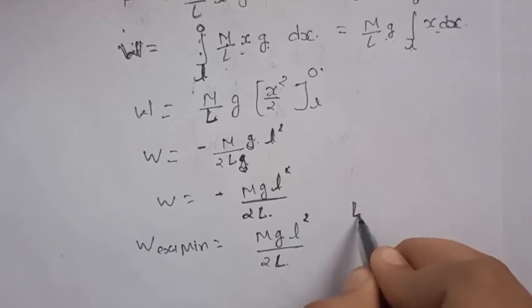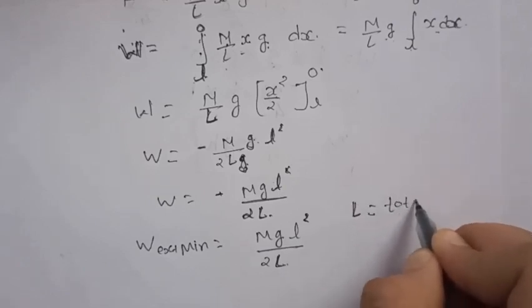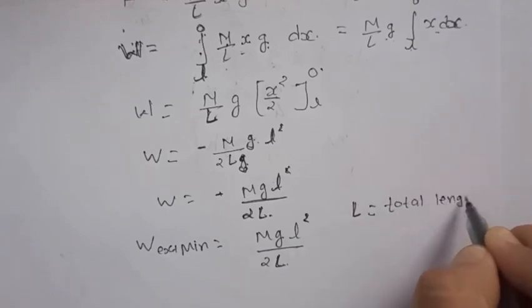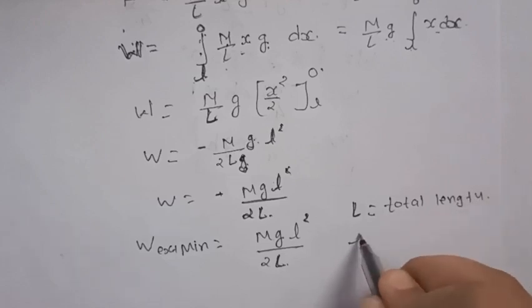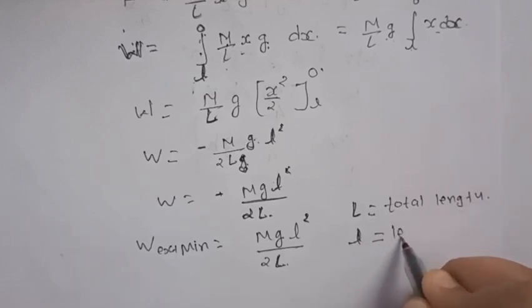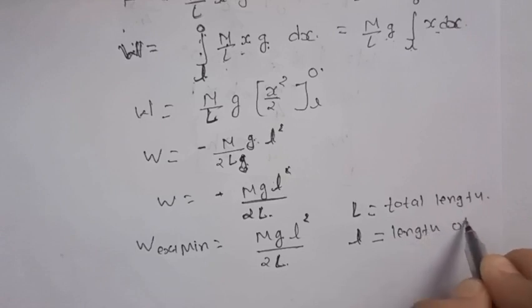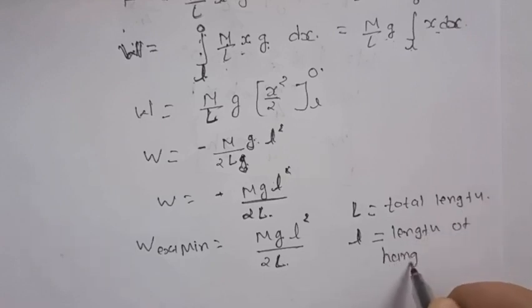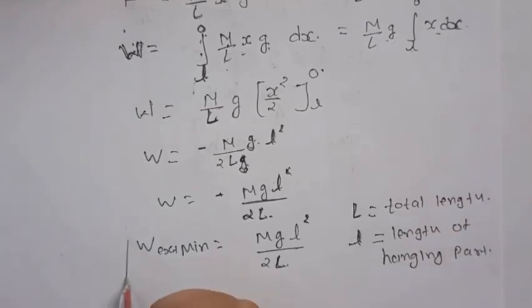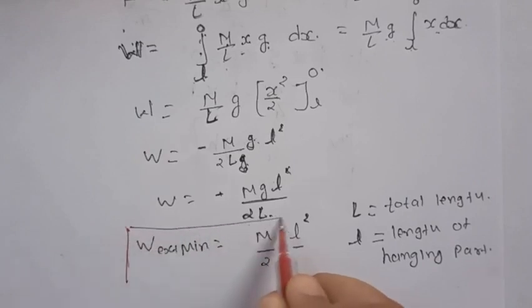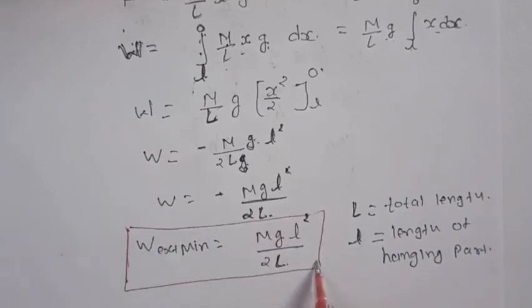Here L is the total length and small l is the length of the hanging part. So remember this formula as a shortcut. It will be handy to solve problems.